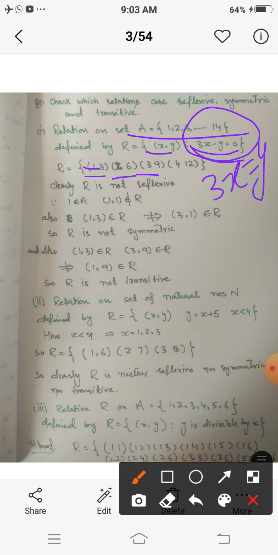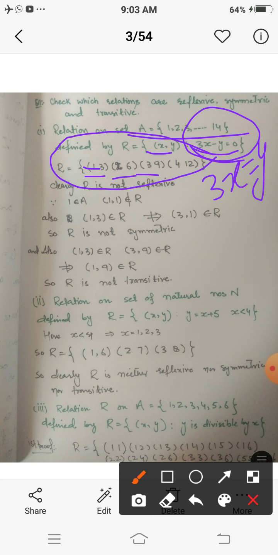So this means that R only contains these four elements, that is (1, 3), (2, 6), (3, 9) and (4, 12), because if we put x equals 5, x equals 6, y comes out to be an element which lies outside this A.